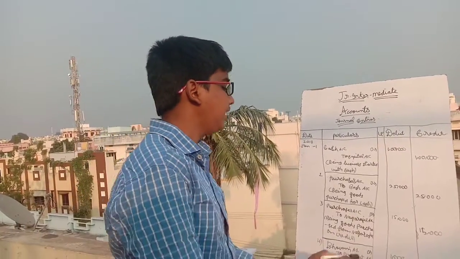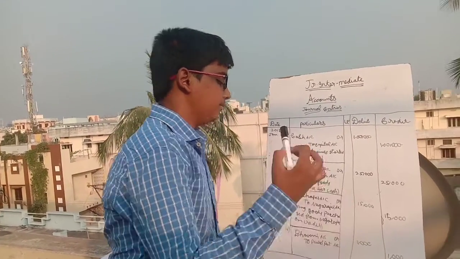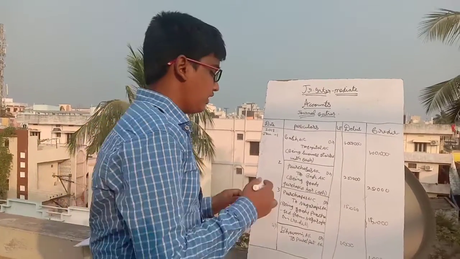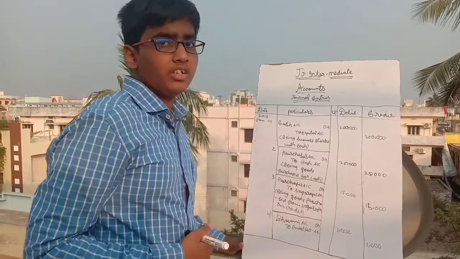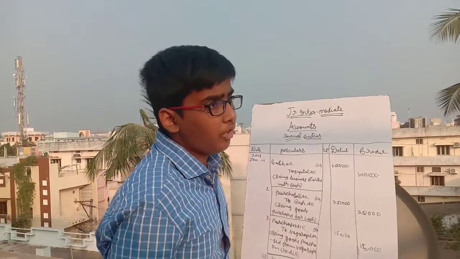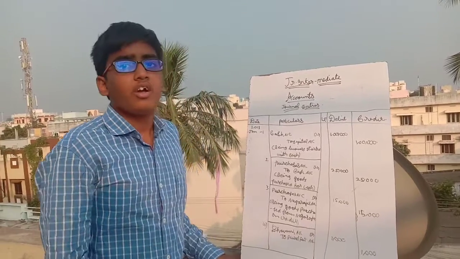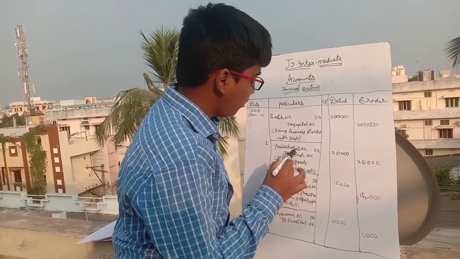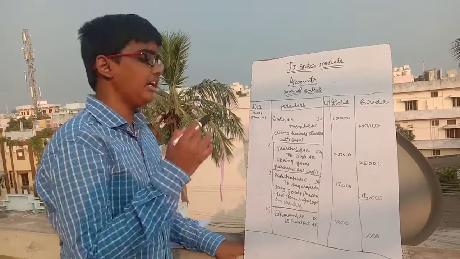Then we have to write the name of the person who is giving the goods. Here goods are coming into the organization, so debit what comes in: purchase account debit to cash account. We are giving the cash, so according to the rule debit the receiver and credit the giver, cash has to be credited.